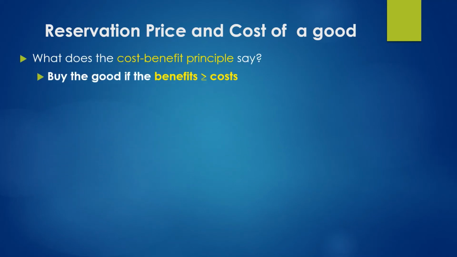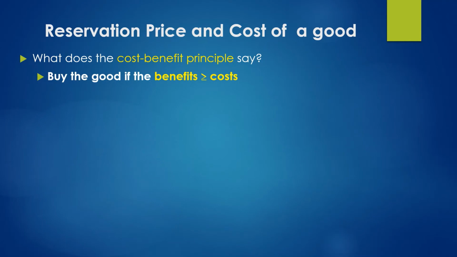You have learned from the previous lessons that whenever you have to take a decision or an action, or if you want to purchase a good, you always, as an economist, apply the cost benefit principle by comparing both benefits with cost.